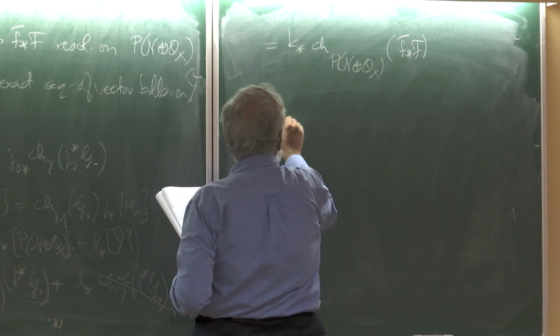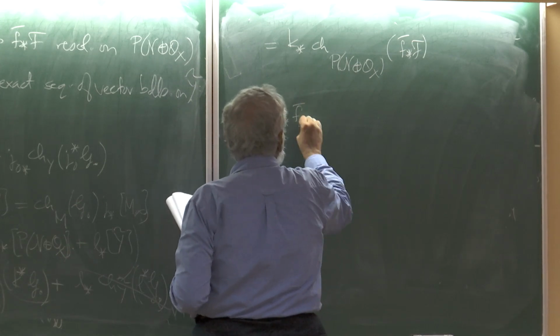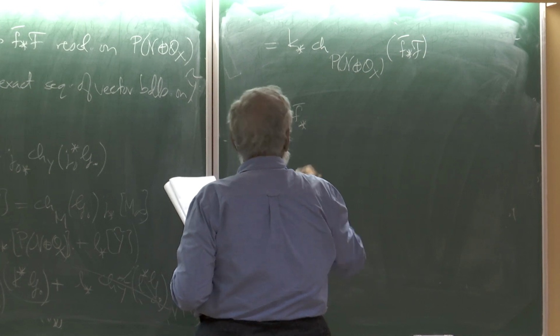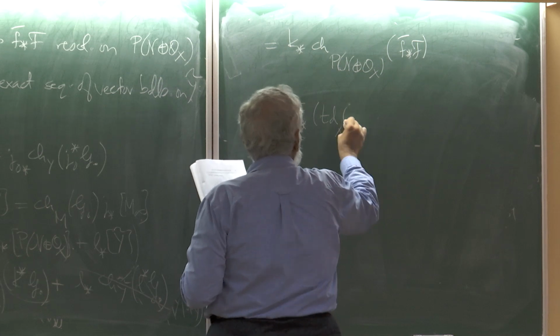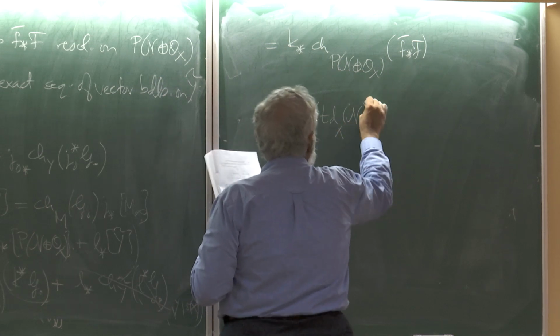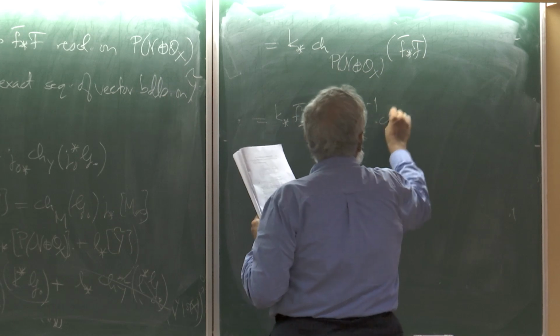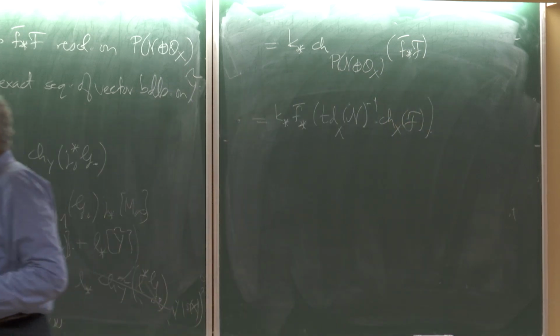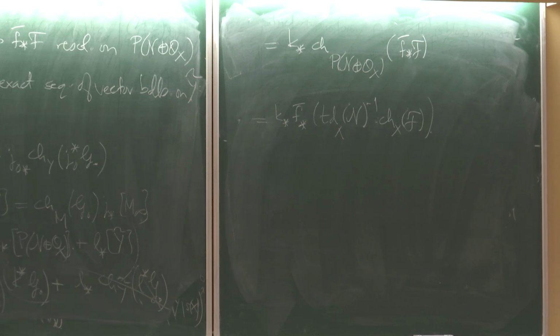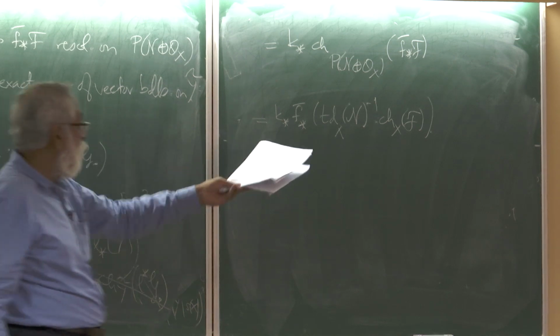And this is of course K lower star of F bar lower star of dot on X n inverse chern X F, because the embedding of F bar of X into P of n plus O is exactly like the embedding we had earlier, except the notation was E there instead of N. It's the same thing. So we already proved the theorem, and therefore Riemann-Roch there gives me this.